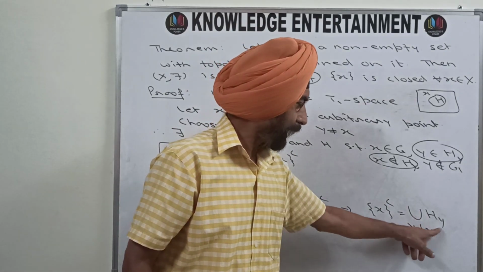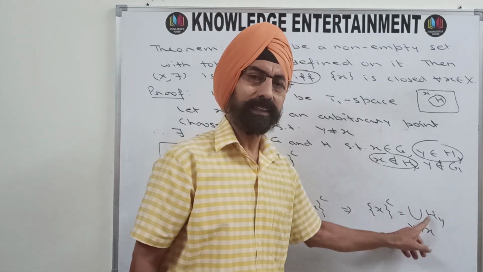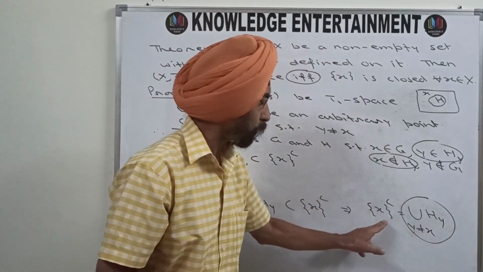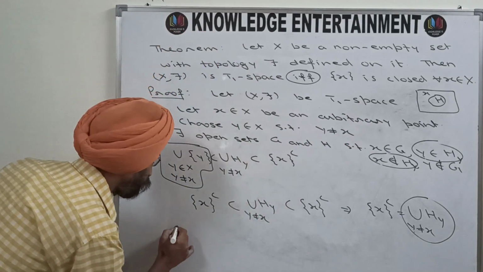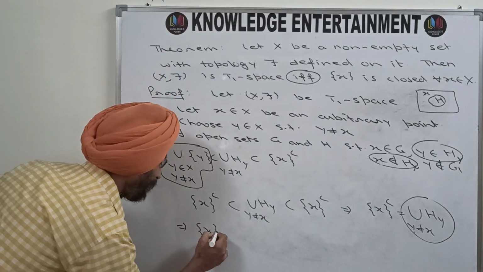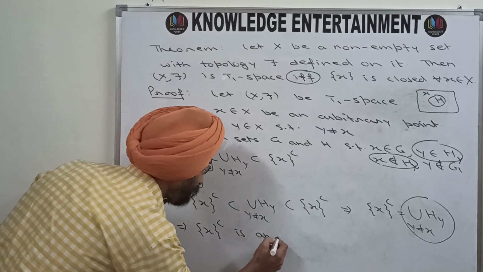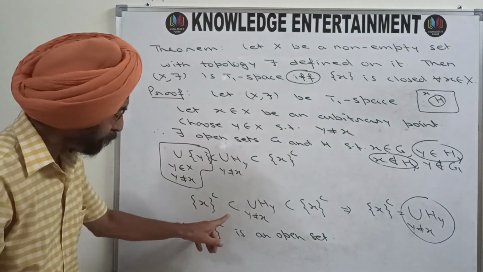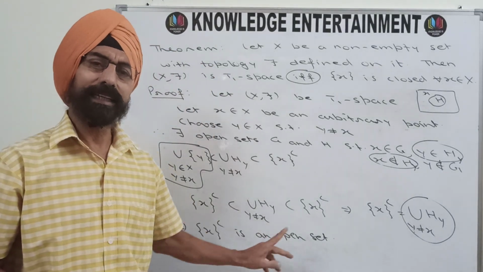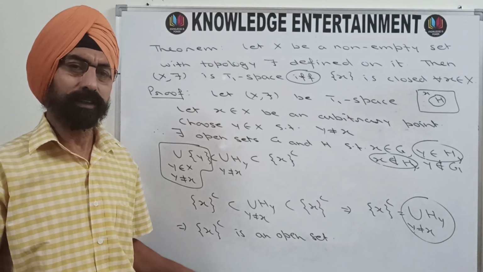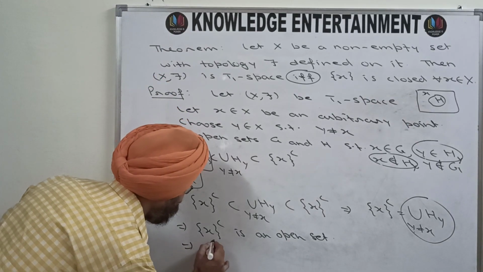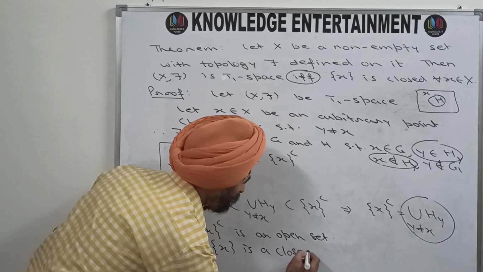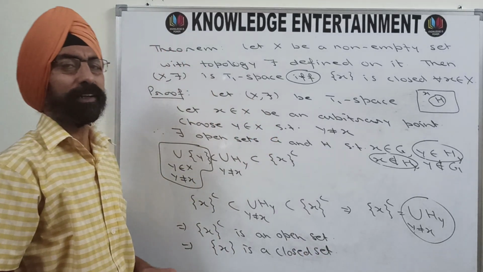So this will be an open set, which proves that the complement of singleton set X is open. And if the complement of a set is open, then the set itself is closed. So this proves that the singleton set X is a closed set, and that is what we required to prove.